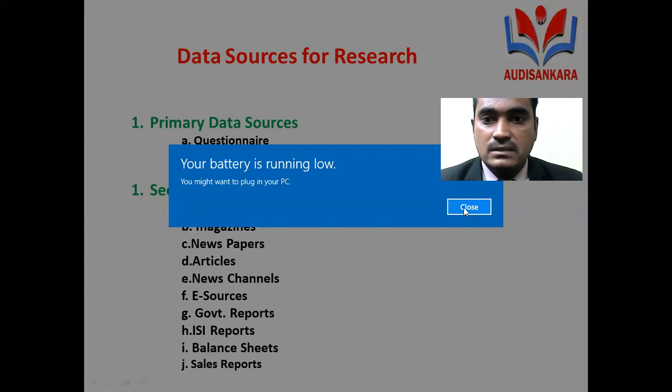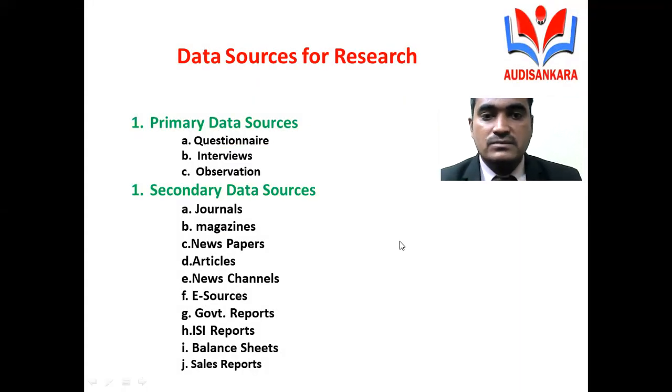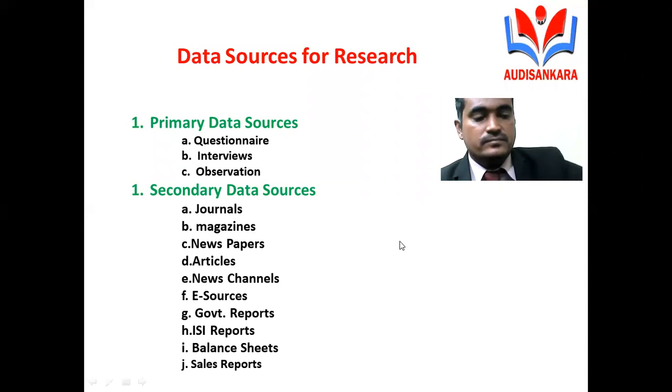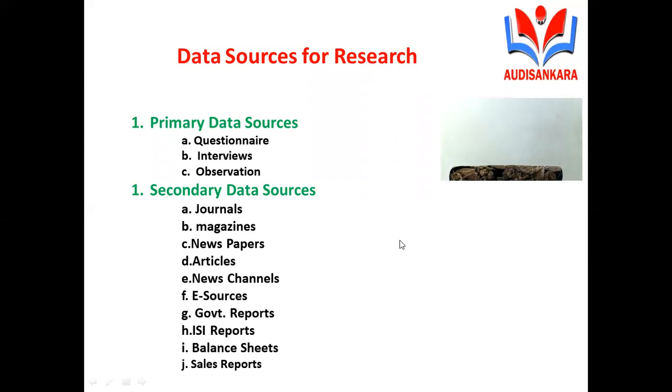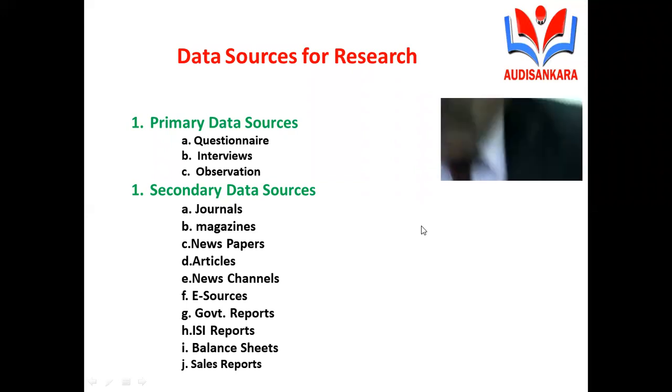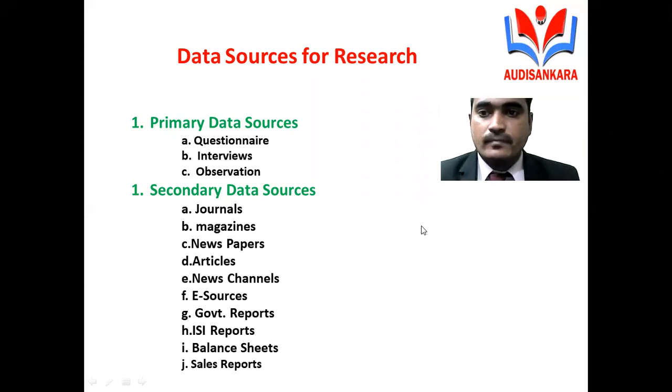We call them questionnaire, interviews, and observation. So the primary data sources include questionnaire, interviews, and observation.